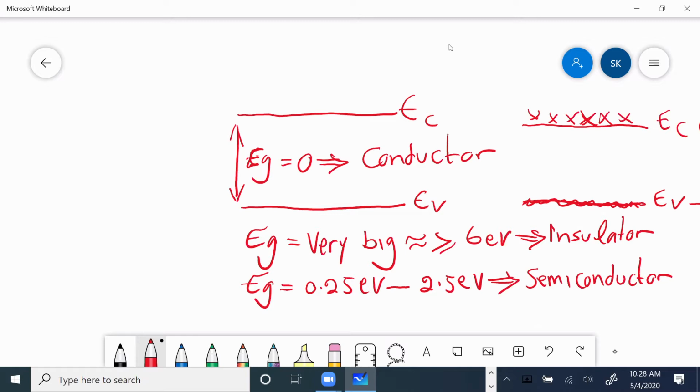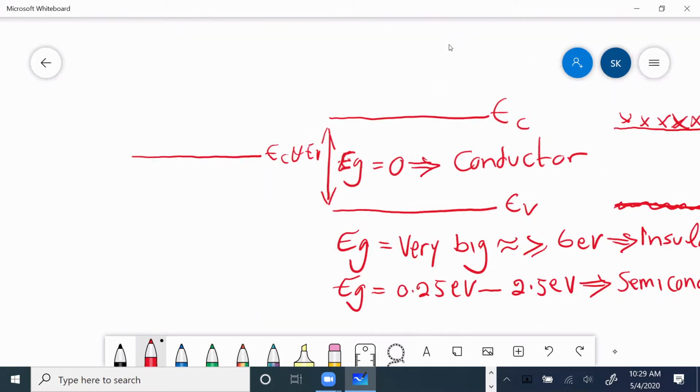And that is gospel. That is a very, very important thing to remember, which is not that difficult. So this gap is 0. When it's 0, that means this line, EC and EV, are together, and that's what conductors are. EC and EV, that is a conductor.